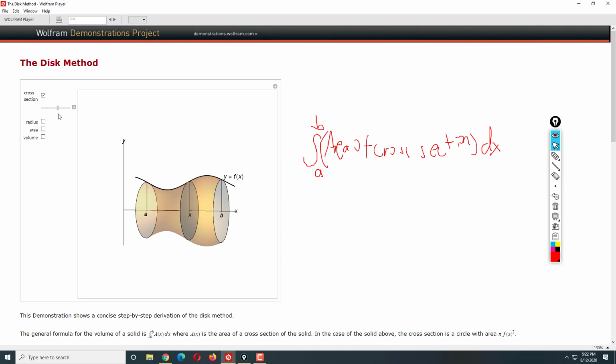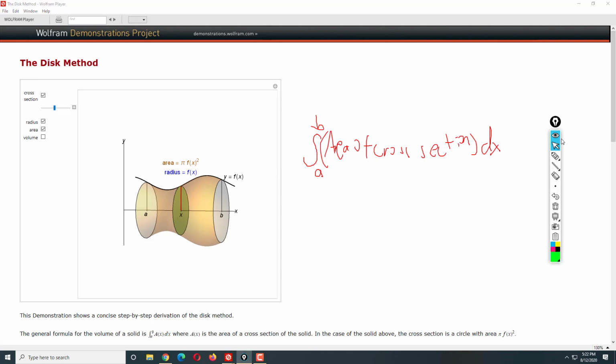How do we find the area of the cross-section? Well, the radius is just f of x. This is a circle. The area of a circle is pi r squared. So the area has to be pi times f of x squared.